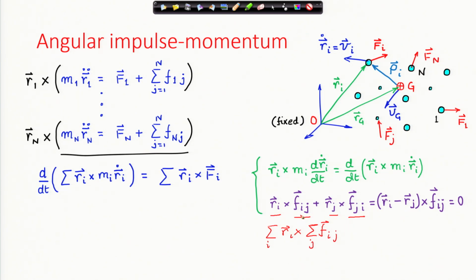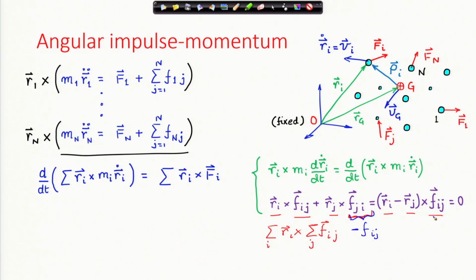Now, by Newton's third law, f_ij must be equal to minus f_ji. Therefore, I can write this as (r_i minus r_j) cross f_ij. Here I have written this term as minus f_ij, since f_ji is minus f_ij.